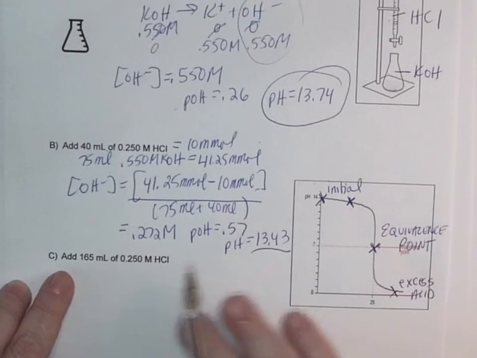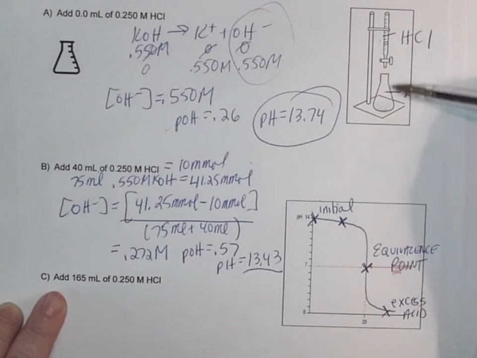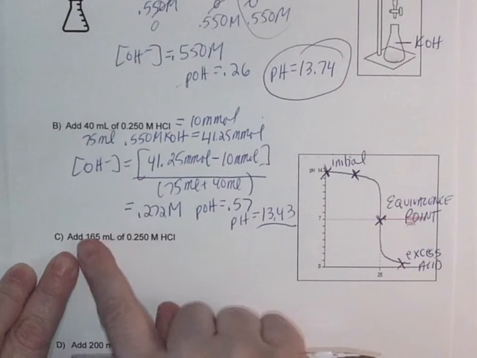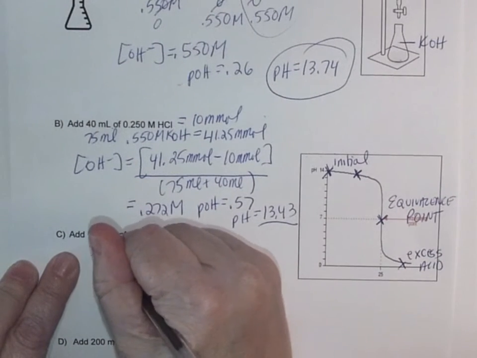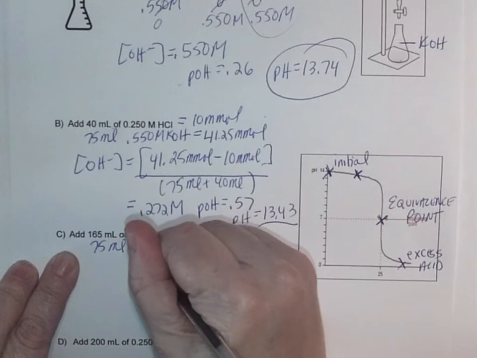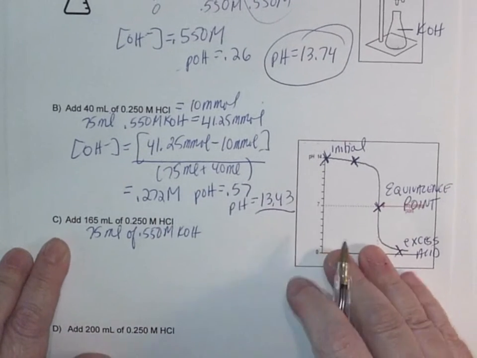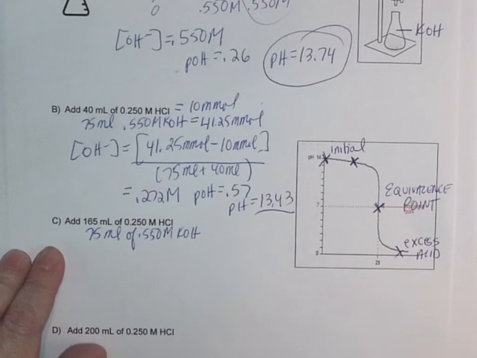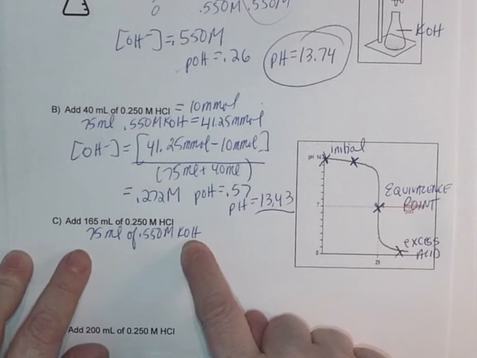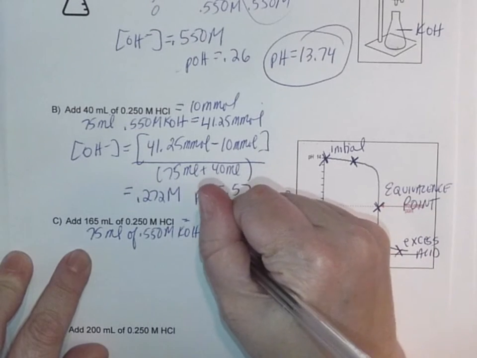All right, now, separate problem, I'm going to add 165 milliliters. What they didn't write in here was that I'm going to add it to 75 milliliters of 0.500 molar KOH. So just be prepared, you might have to add that piece of information in. Get them into millimoles.